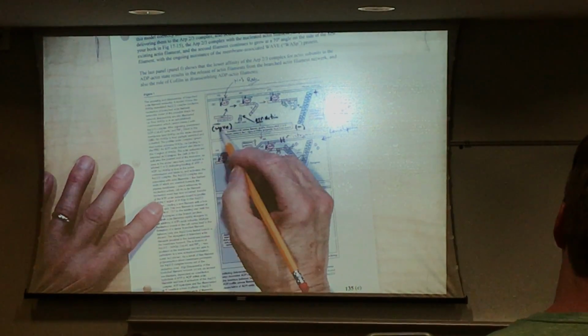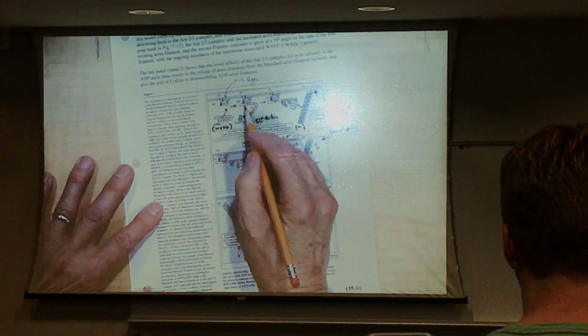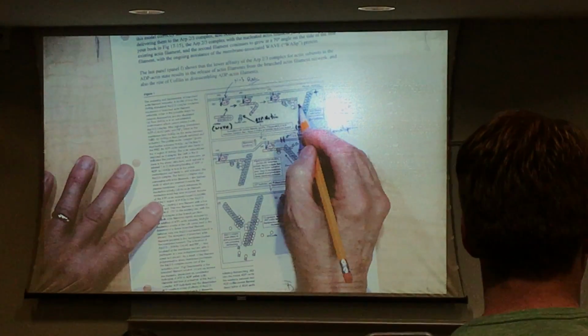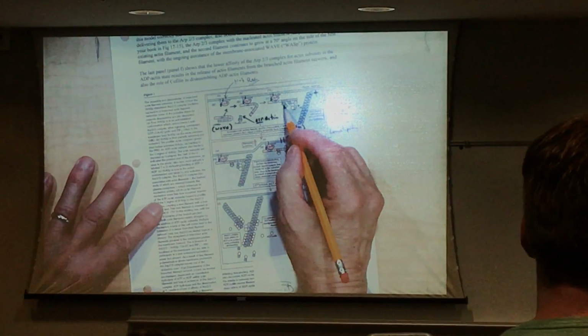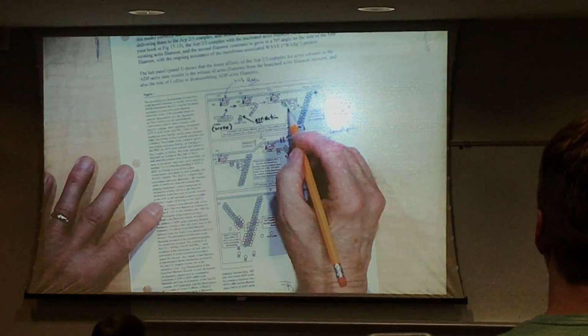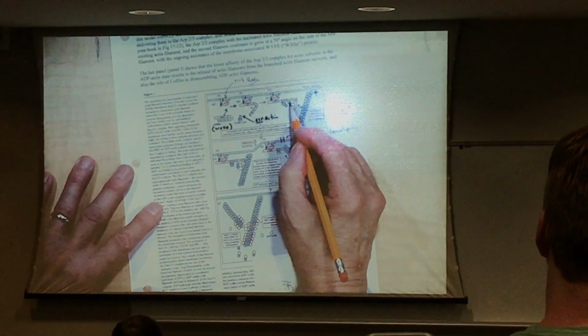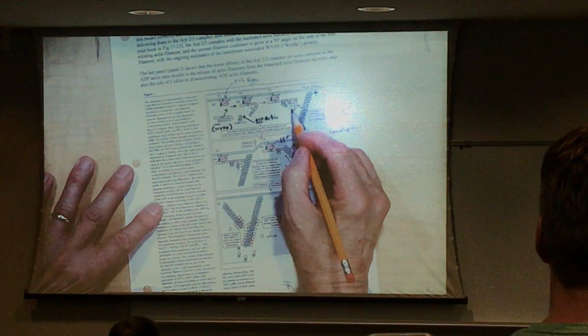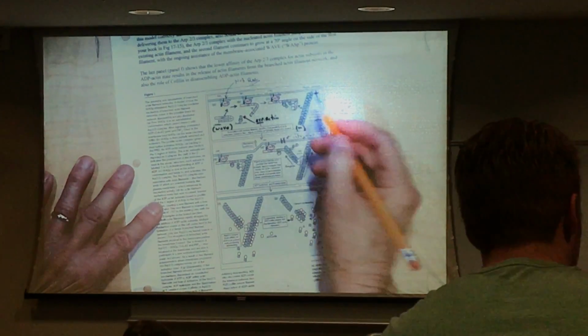We'll have WAVE being activated by RAC, okay? We start to initiate the ARP2/3 complex. Here's the actin-profilin complexes here. We're going to then permit the actin in their ATP forms to start to interact with the ARP2/3 proteins here.